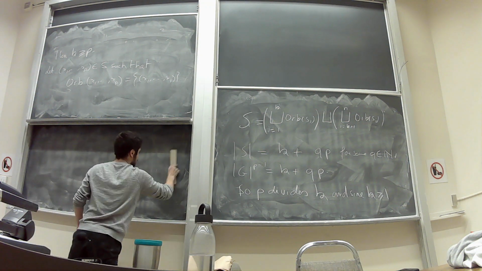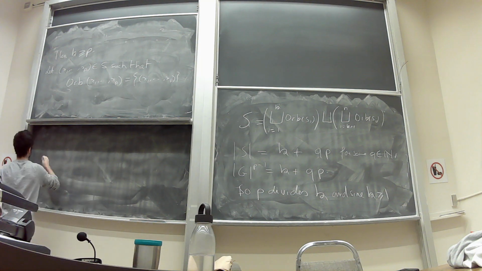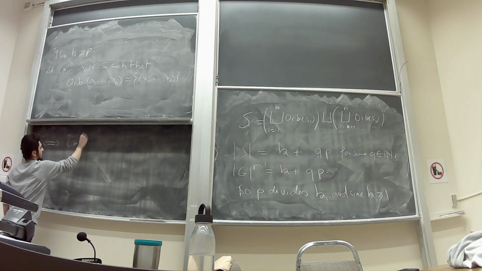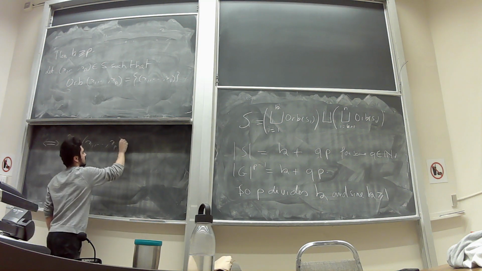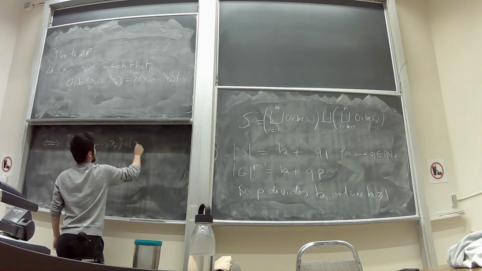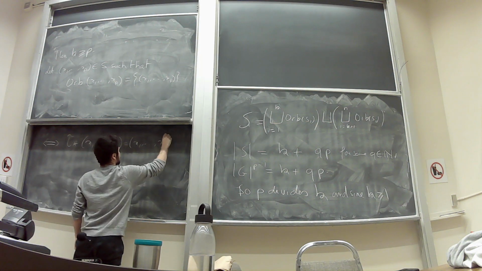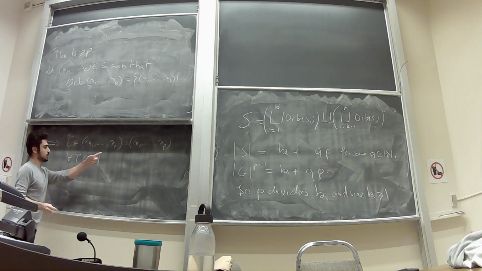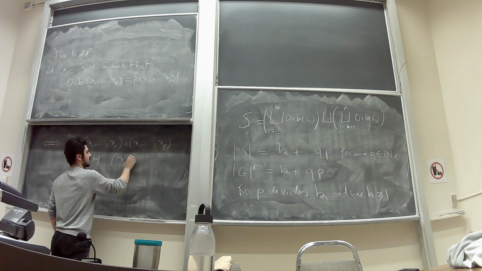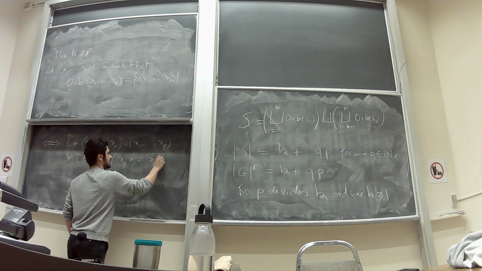This happens if and only if tau star (x1, ..., xp) is equal to (x1, ..., xp) for all tau in H. Of course, we also have the condition that x1 x2 ... xp is the identity.